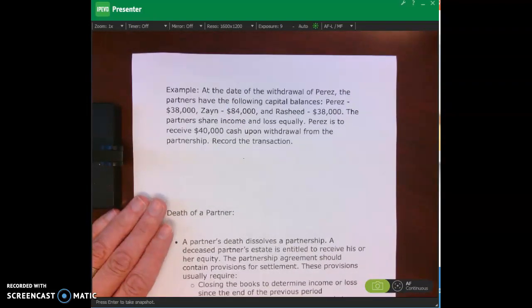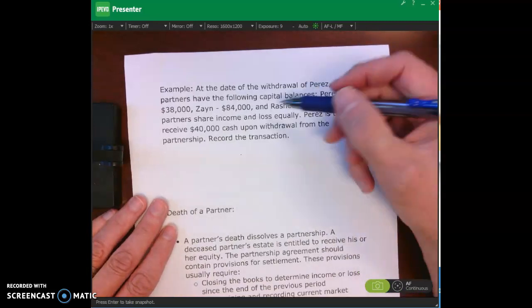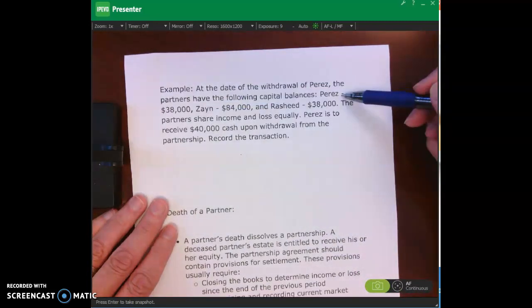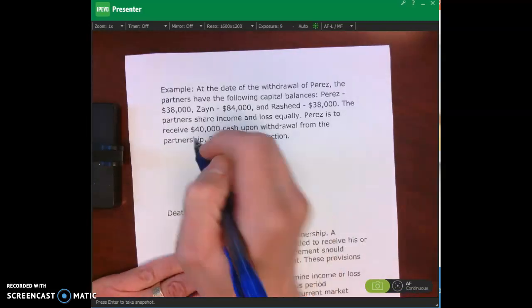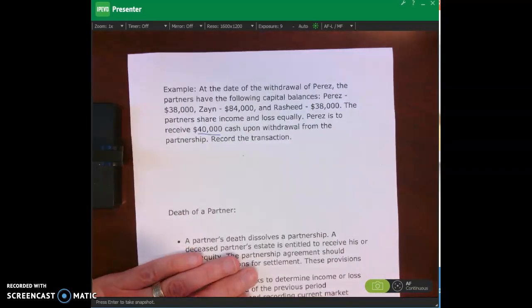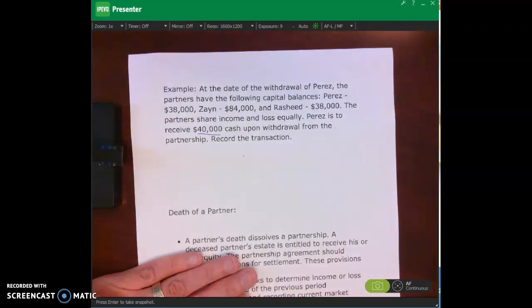On the date of withdrawal of Perez, the partners have the following capital balances, same as before: $38,000 for Perez, $84,000 for Kayla, and $38,000 for Rashid. Perez gets $40,000 cash, so he's getting more cash than he has in capital. Maybe they just really want him out.